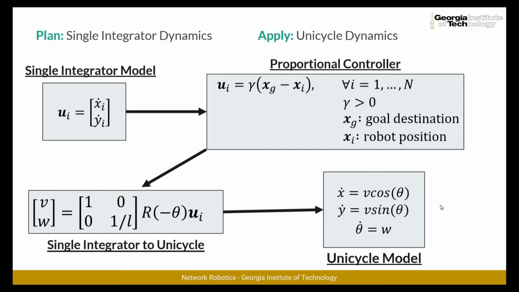This will be approximated by our unicycle model, and this is what we can actually apply to the Robotarium. So with that brief review of the theory that we've covered so far, let's jump back into MATLAB, back into the Robotarium, and see how this can be applied in a relatively simple way using Robotarium routines that are pre-built for us.